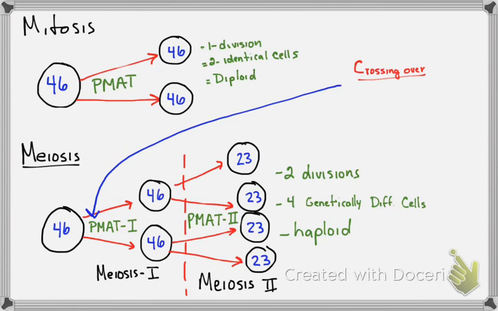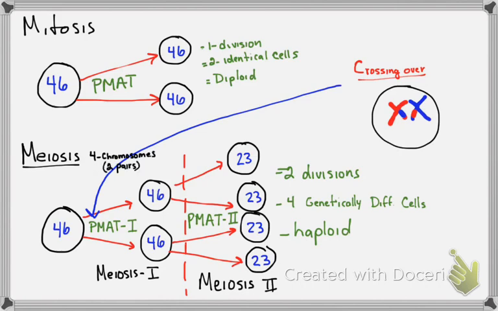Now remember, don't forget that crossing over happens in prophase 1, not in prophase 2, only in prophase 1. In this example, you have two chromosomes, the red and the blue chromosome, and they're just going to exchange a little bit of information, and now they're going to be unique. They're going to be different. That's what happens during crossing over.